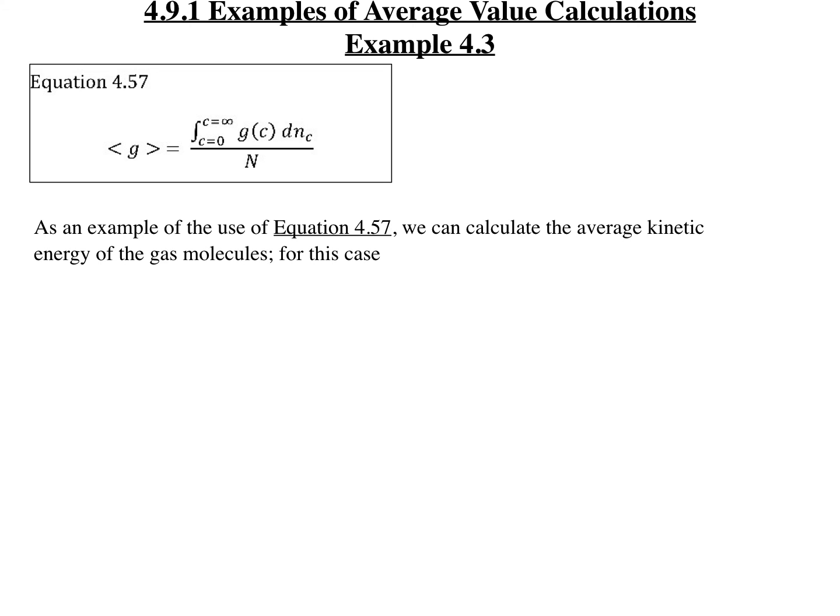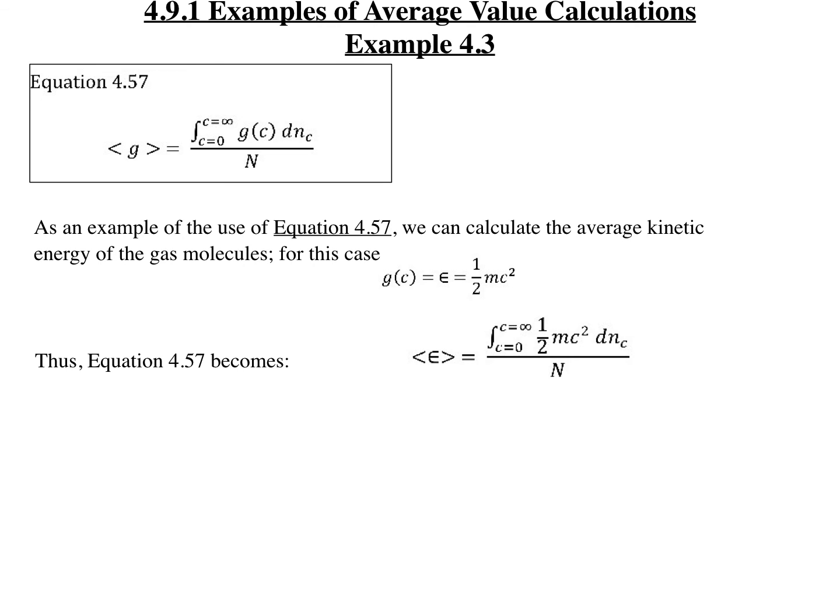So take 4.57, we apply it. Let's say we want to use average energy. Average energy is half mc squared, so that is epsilon equals half mc squared, where m is the mass and c is the velocity. Now we can substitute this in equation 4.57. Then we get the integral from 0 to infinity of 1/2 mc squared dn(c) over n.